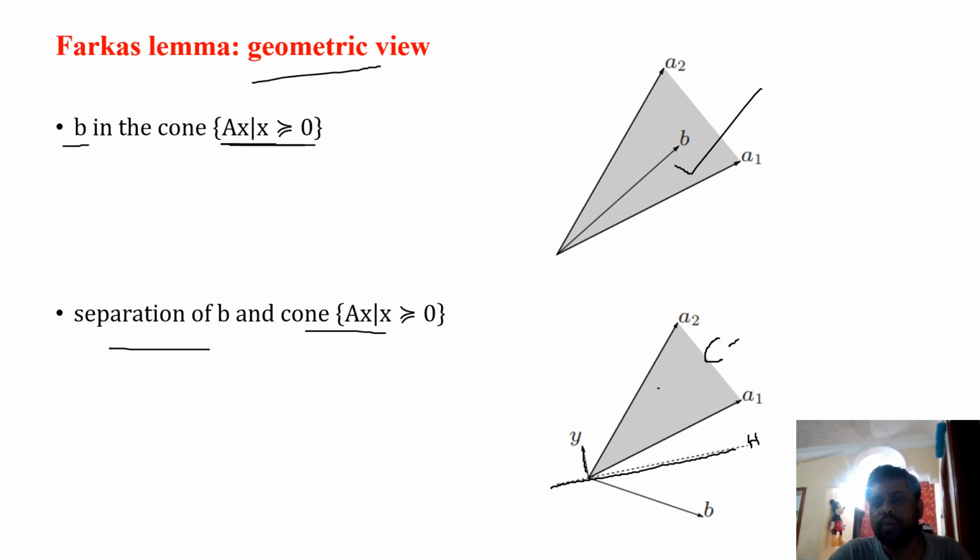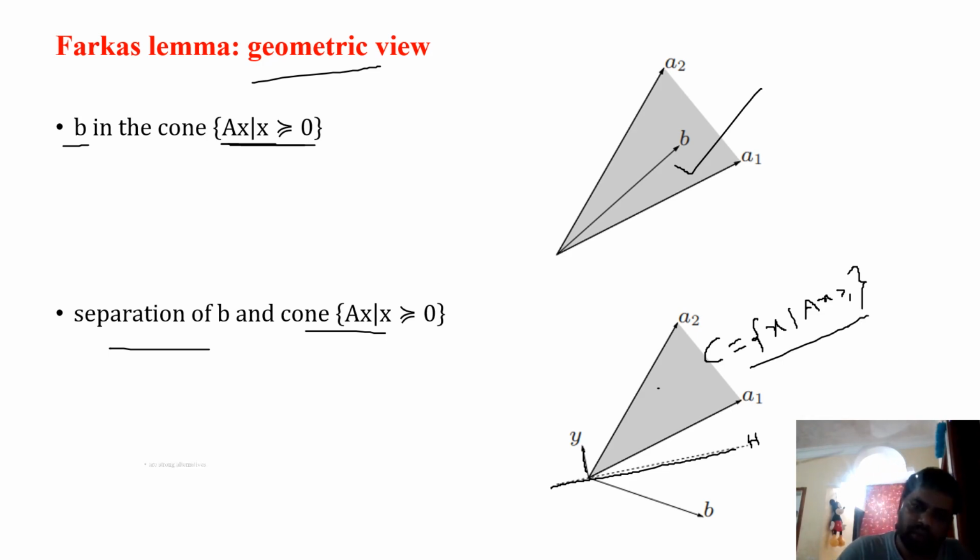C is the collection of x such that, a polyhedral cone. We are giving a definition of polyhedral cone, or in simple terms, you can say that this cone is constructed by the columns of the matrix A. It happens to be a closed convex cone.